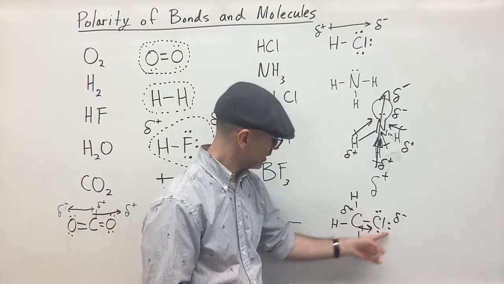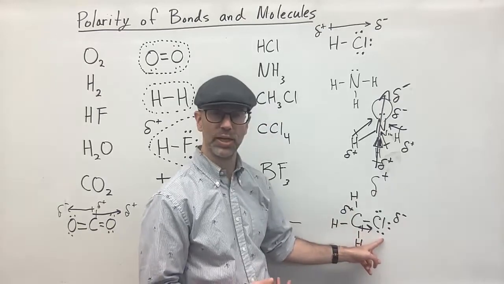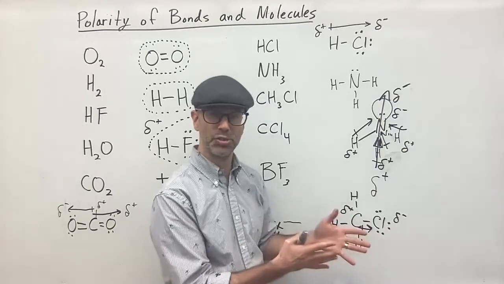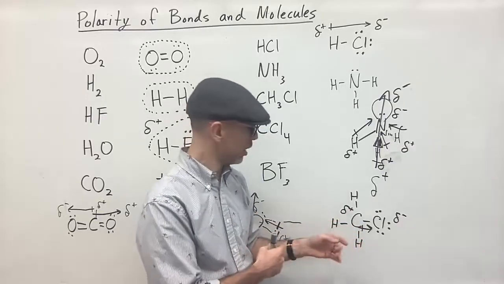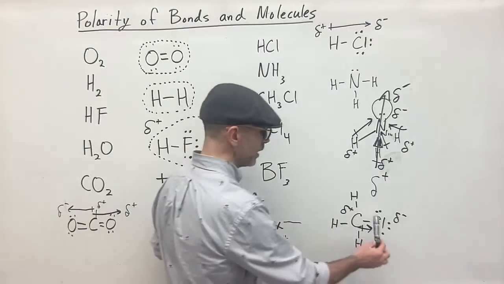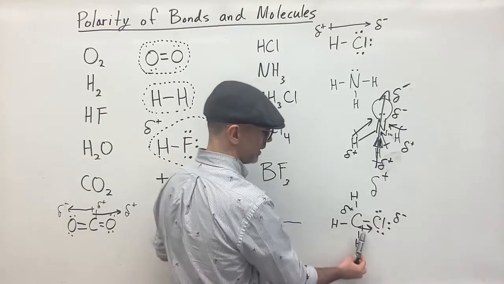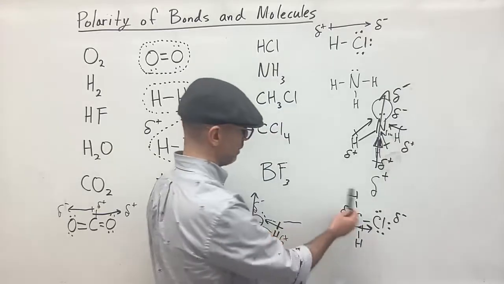This side is not like this side. So these hydrogens are different from the chlorine, and so that adds asymmetry to the molecule. And that asymmetry is what leads to the overall dipole moment in the molecule.